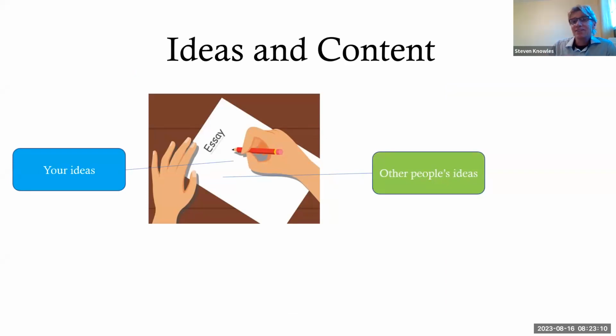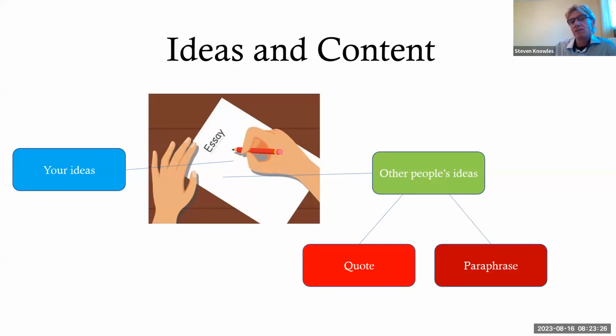Your ideas, you don't need to source, but it's the ideas of other people you need to think about. There are two ways to bring in ideas of other people. You can quote, that's copy and paste exactly their words, or you can paraphrase. That's when you use your words to express their ideas.